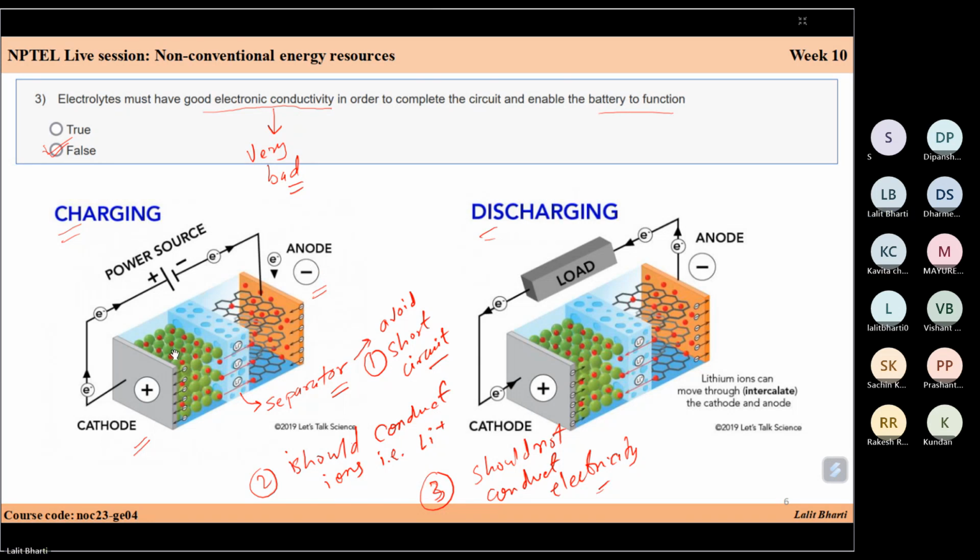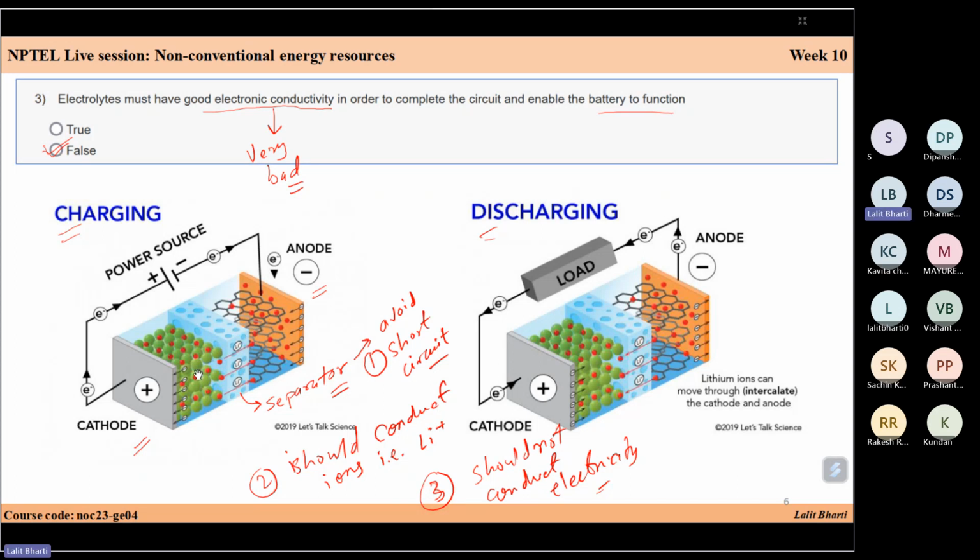You have some material at the cathode side and some material at the anode side. Then you have a separator, which is a kind of film that avoids the short circuit. It keeps the cathode and anode separated while your electrolyte is filled, so ions can move. The electrolyte is made up of lithium salt, so your lithium ions can move through the separator, but electrons cannot move.